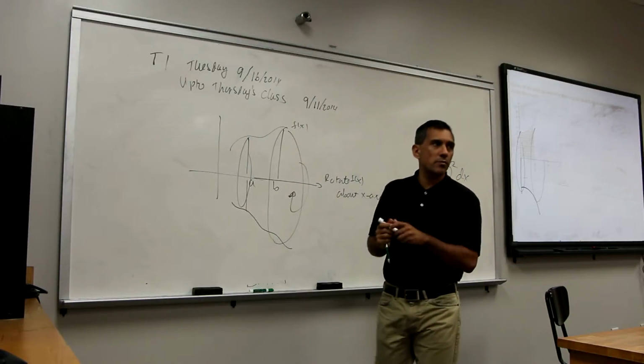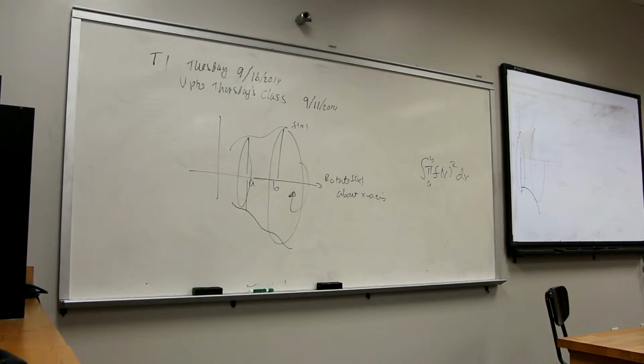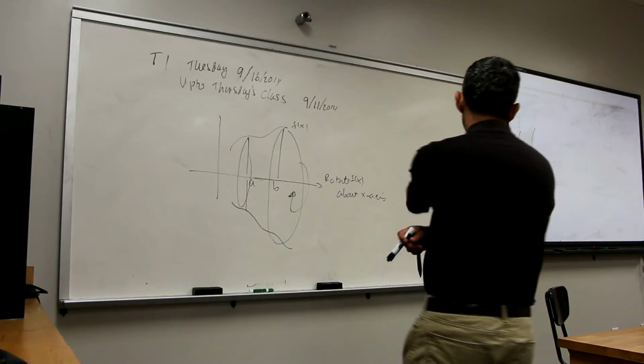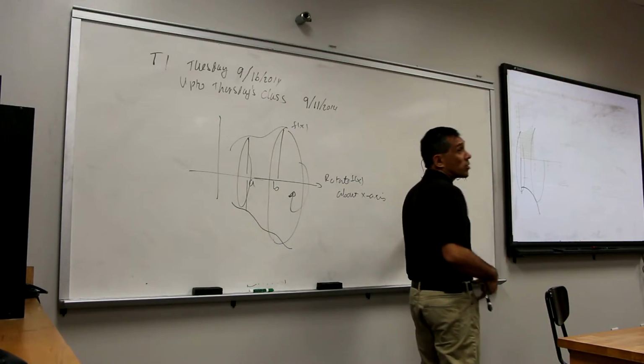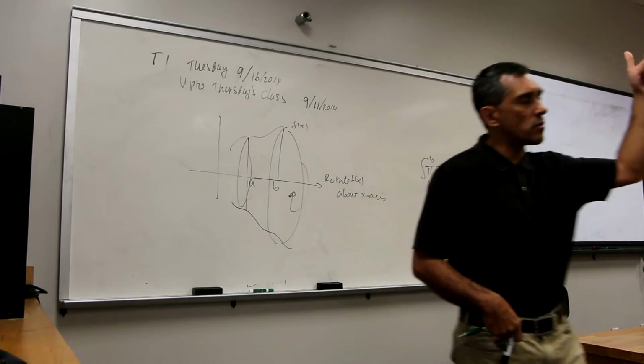You would like to know the volume thereof. You're integrating from a to b being 0 to pi by 4, your function f of x being 5 secant x. So you will take this function, square it, multiply by pi, and integrate from 0 to pi by 4. And you will get that volume exactly.